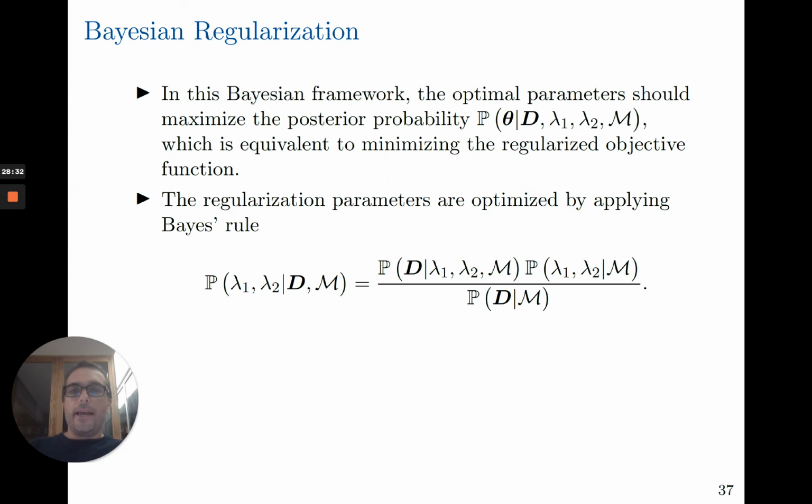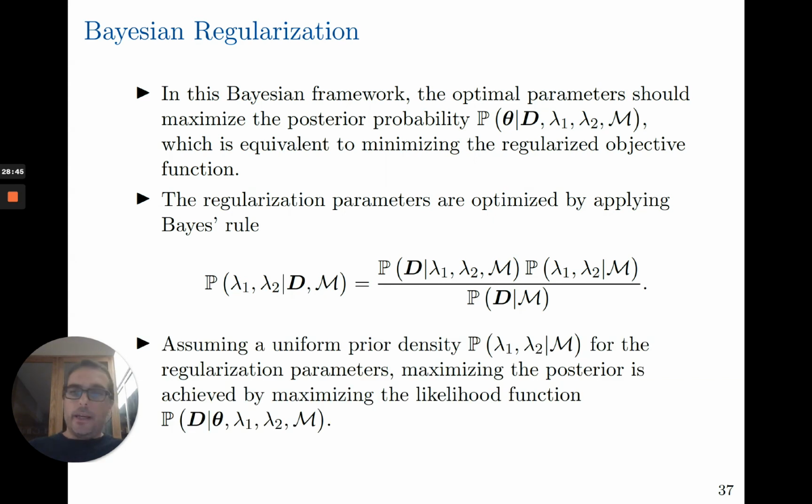Then we rewrite things by computing the posterior of the regularization, because we have to select the regularization given the data and the model. If we assume a uniform prior for the regularization parameters, then maximizing the posterior is achieved by maximizing the likelihood function.